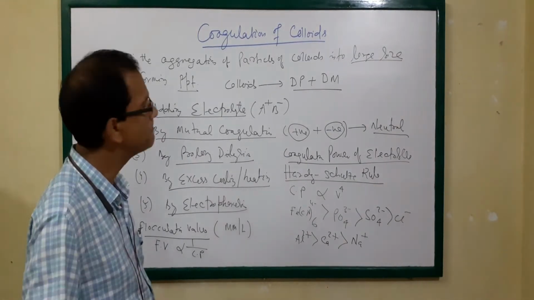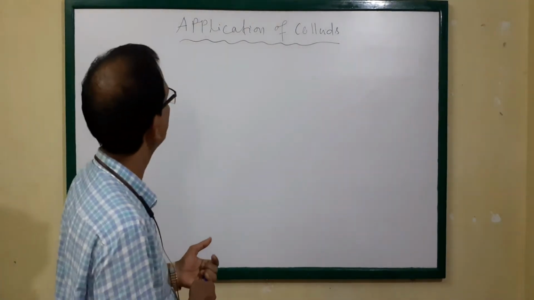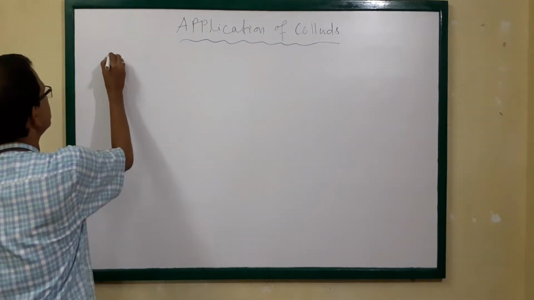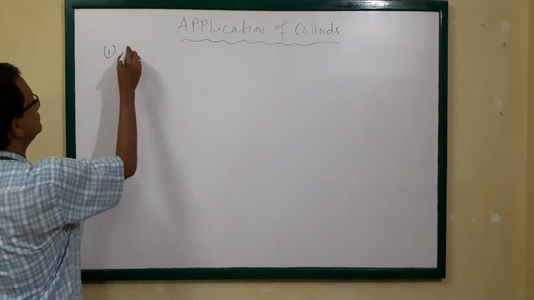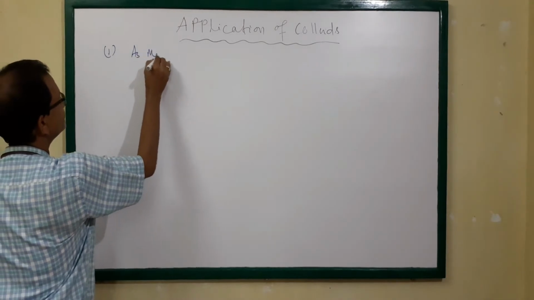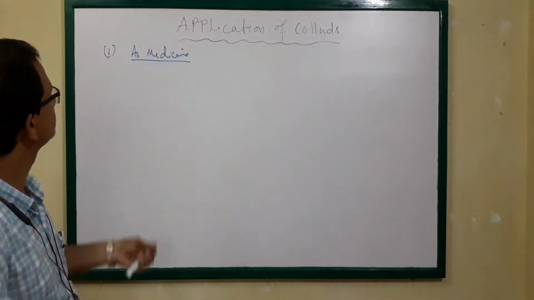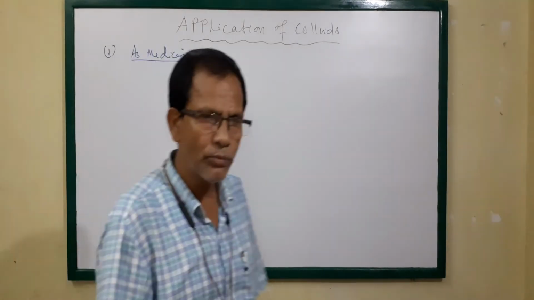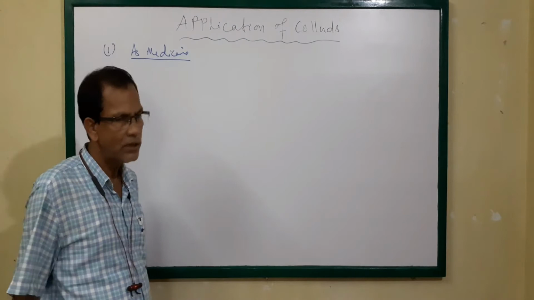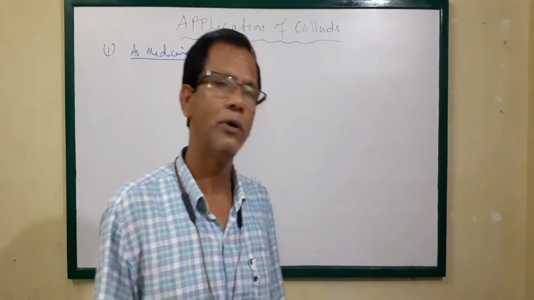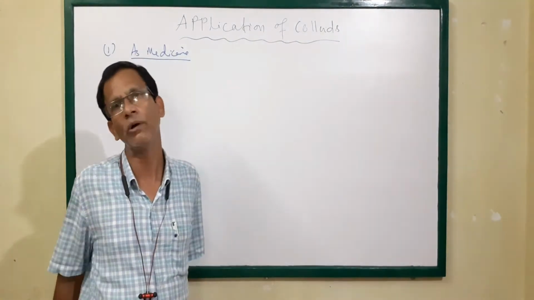Now we'll discuss the applications of colloids. First application is as medicine. We know that almost all medicines are in colloidal form, because colloidal forms of medicine can be easily absorbed in our body.